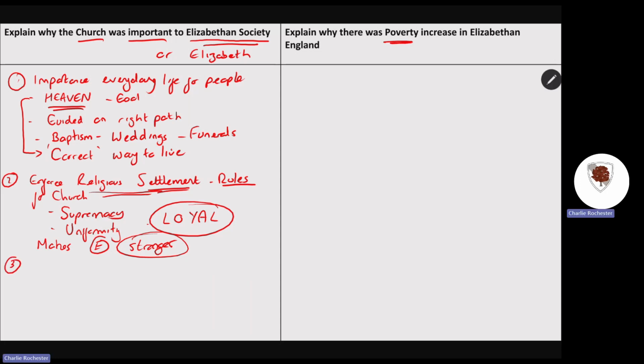Third one that could be quite tricky is you could say the church provided aspects of education and charity. And what we mean here is that they do look after the poor. However, it was very limited because of the closure of the monasteries. So they did look after the poor, which was quite an important role in their life.